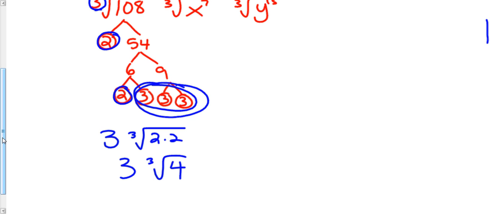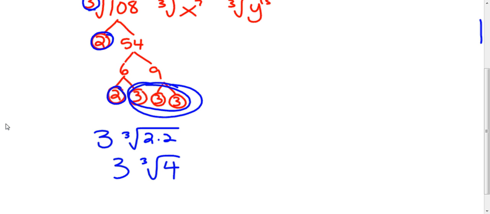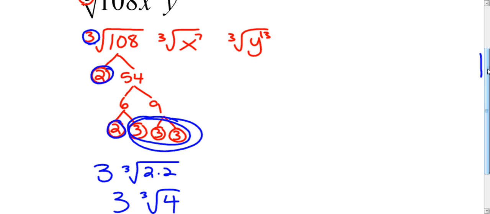Then when we get to the x term, what happens there is similar to what we did in the last lesson. If this is a 3 right here, we were used to seeing it be a 2, but now it's a 3, so I'm going to still follow the same rules and go x to the 7 thirds.